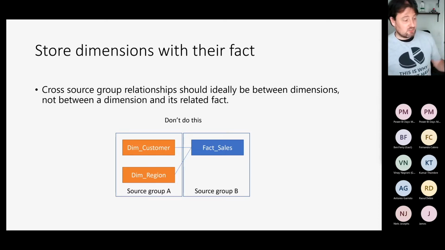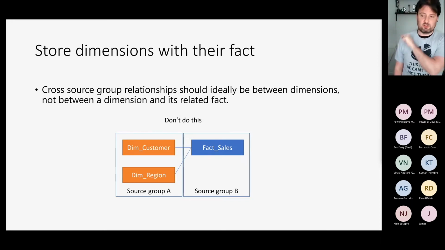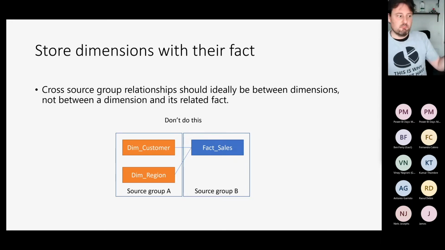So if you end up in this situation where all of your dimensions are in one source group and all of the facts in another source group, consider moving them together. So moving the region and the customer to the fact sales source group, because then your relationship turns into an intra-source group relationship, not a cross-source group relationship, and as a result will be optimized.